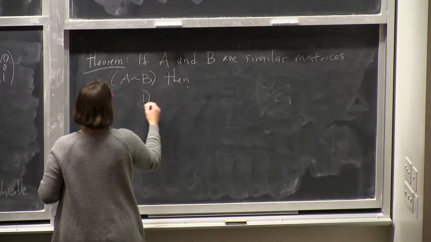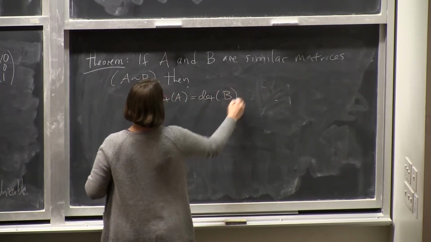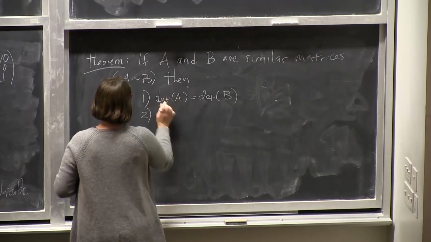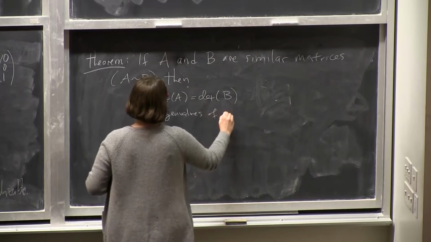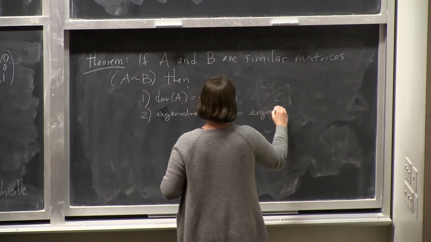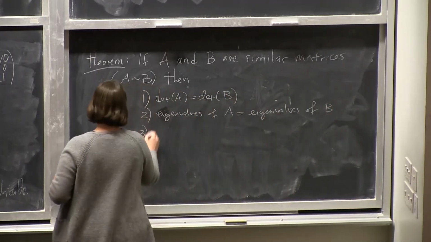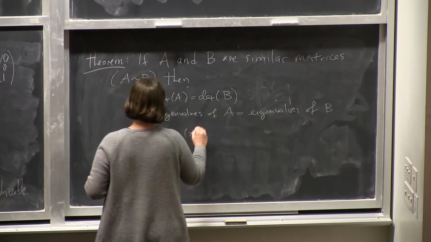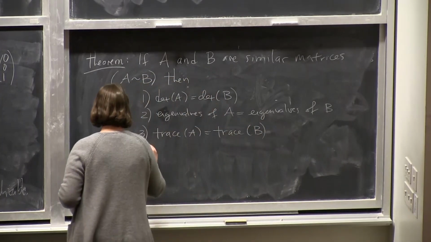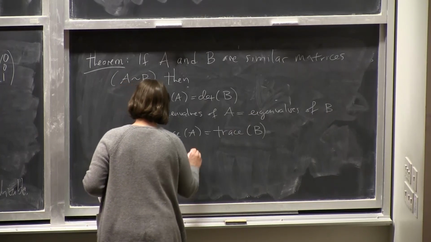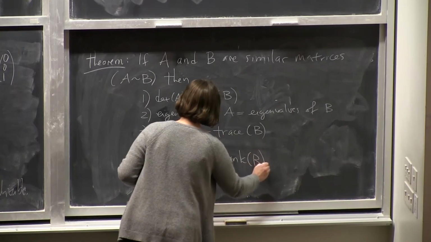Then, 1, the determinant of A equals the determinant of B. 2, the eigenvalues of A equal the eigenvalues of B. 3, the trace of A equals the trace of B. And 4, the rank of A equals the rank of B.